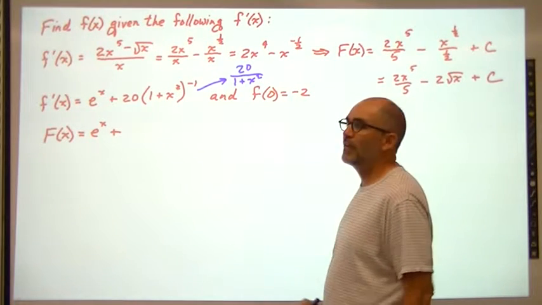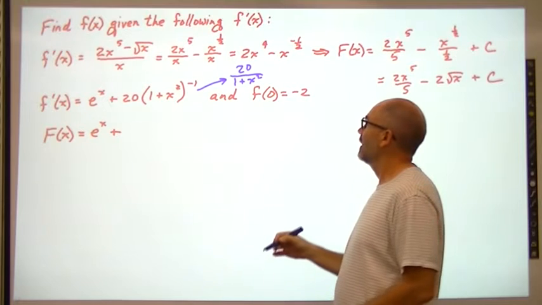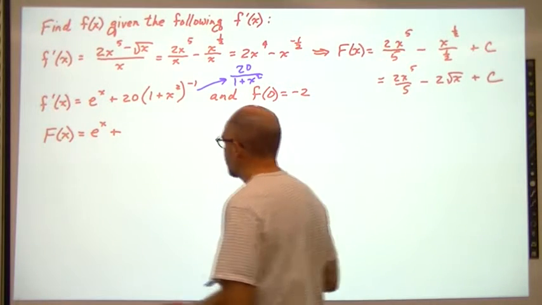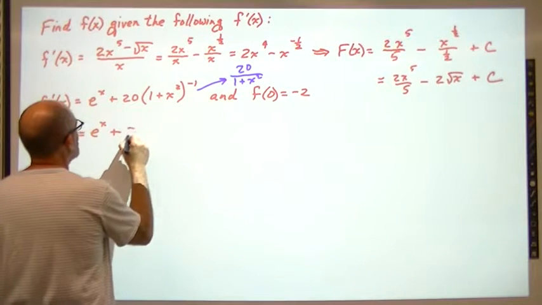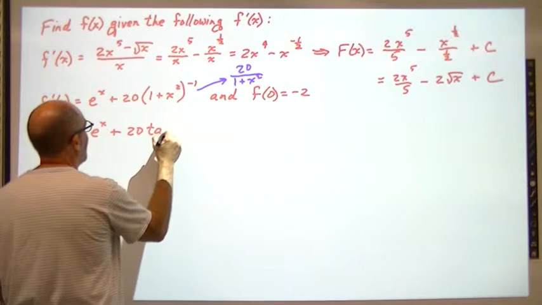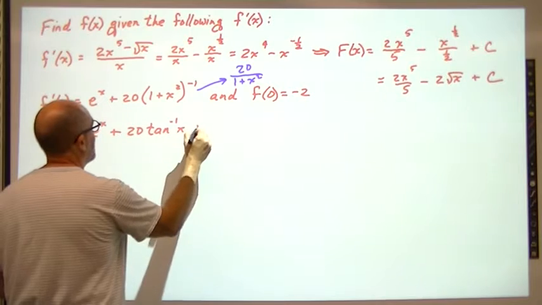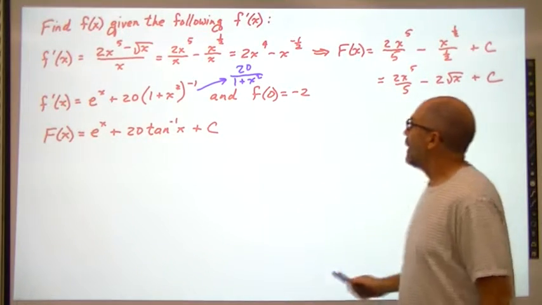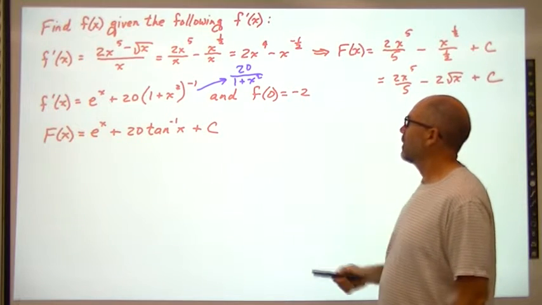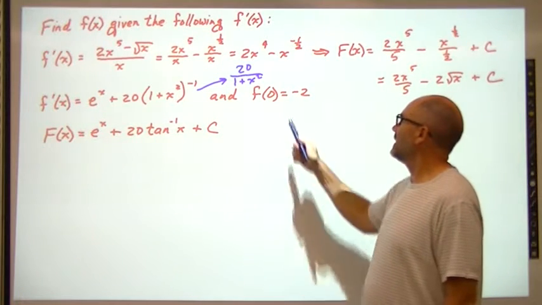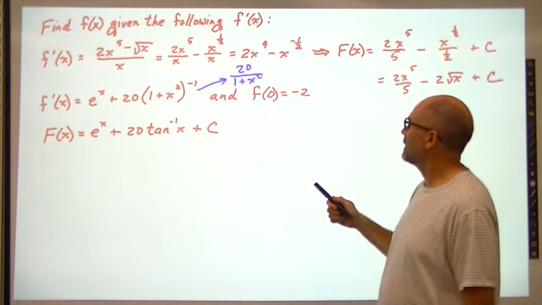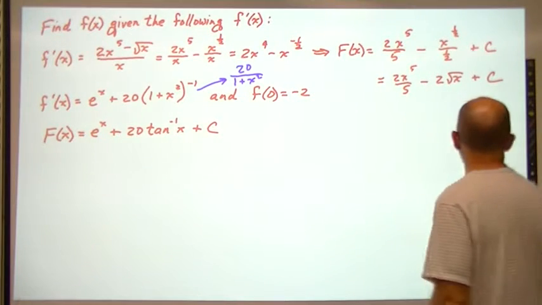Yes, the antiderivative is going to be 20 times inverse tangent of x plus c. Now here's where we use f of 0 equals negative 2. What this is saying is when x equals 0, then the function equals negative 2. Oops, I messed up.